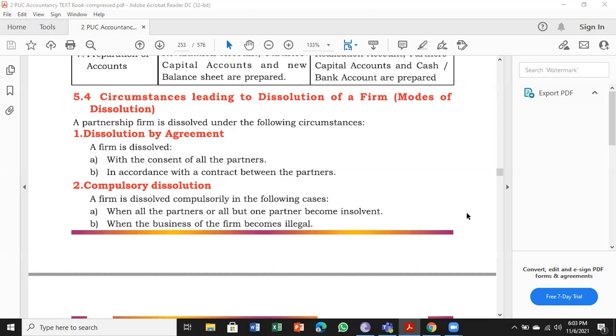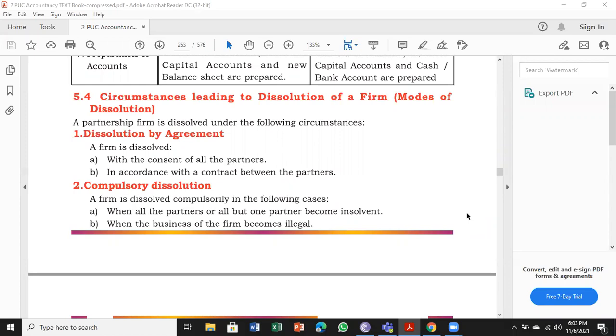Next, in the agreement itself, some clause is there. After that situation, the business is to be closed. Suppose A, B, C are partners. Suppose C dies, the business has to be closed.